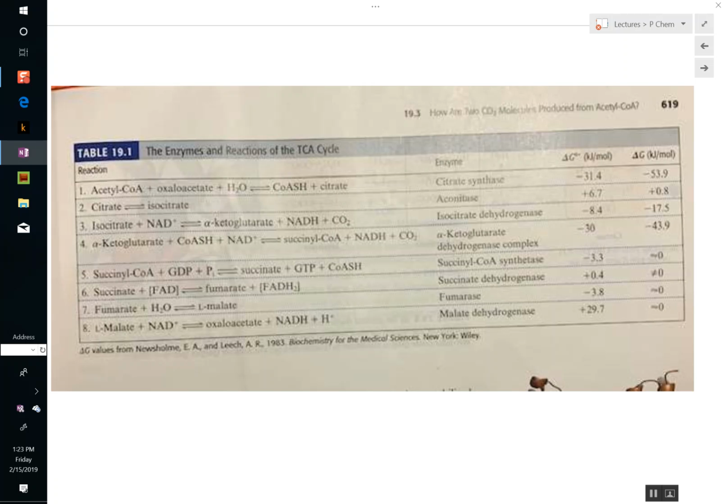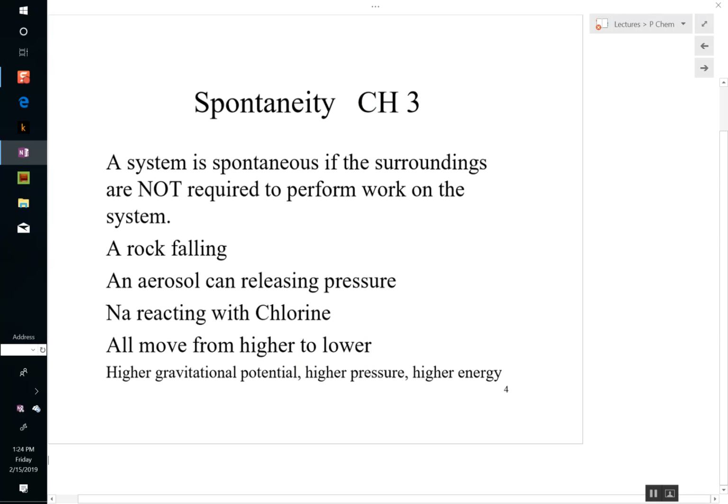Okay, so the body has to invest a lot of energy to go from the malate to the oxaloacetate. Some of these other steps, the body reaps a lot of energy. It's very easy to do that. It still needs to be some controls on all of that, and there are. But that's just to introduce it.